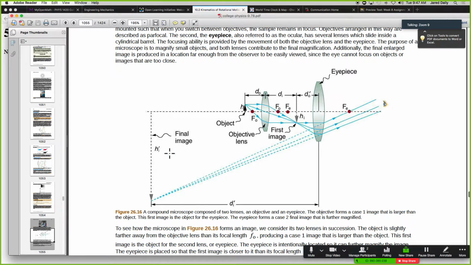Well, it's not very far away from the eye, so your eye can focus on it really nicely so you can see details. All right? So this is a little bit tricky. You have a real object making a real image, and then the second lens uses that real image as a virtual object to make a virtual image. Strange, but it's the way it works.